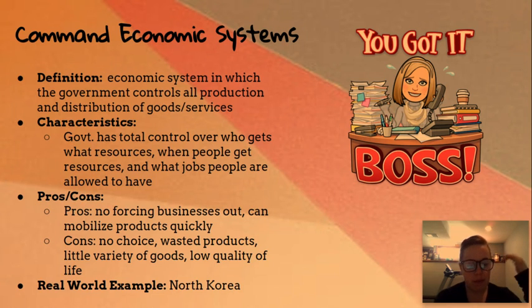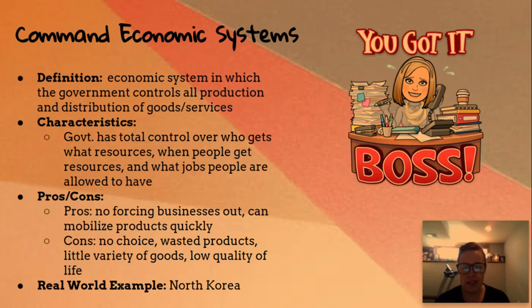So if the government is the one controlling what's produced, when it's produced, where it's produced, and suddenly, for example, in this pandemic situation, you say, okay, we need a lot of masks and gloves, you can change all the businesses that you currently own as the government to be making masks and gloves, right? Very quickly. You don't have to ask companies if they're willing to do that because they're not privately owned. You get to decide that. So that is a pro.